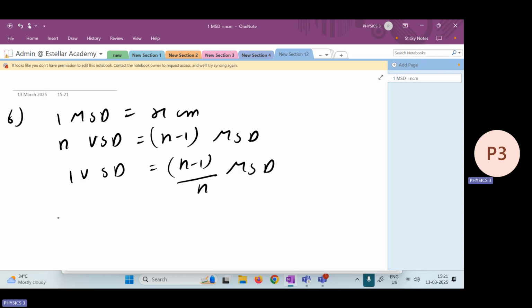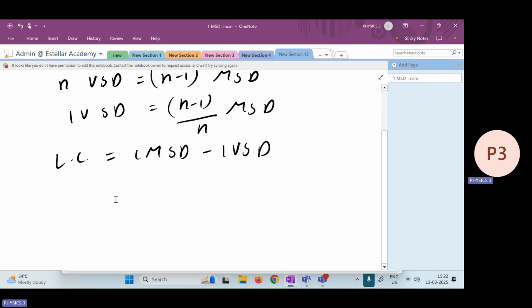Now we have to find out least count. So we have this formula of least count as 1 MSD minus 1 VSD. So it would be 1 MSD, in place of VSD we will put n minus 1 upon n MSD.